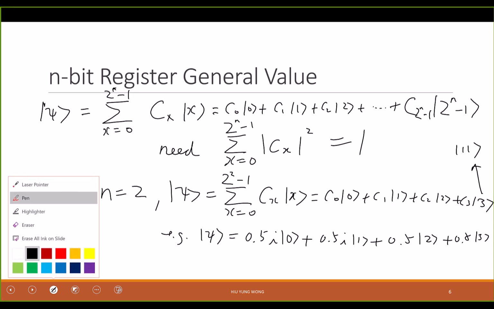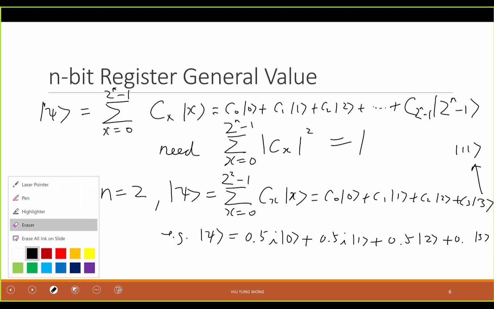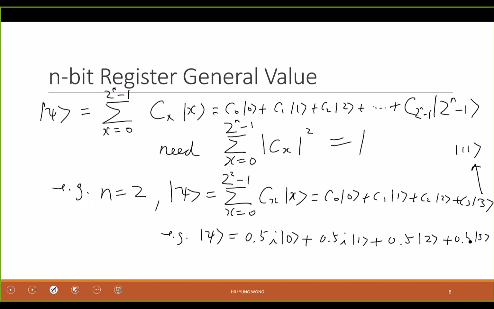Why is it 0.5? You have to square the amplitude. Someone asked me about an example. I put 0.5 in the first class. Did I pick that randomly? I picked it randomly, but it's subject to this constraint, right?